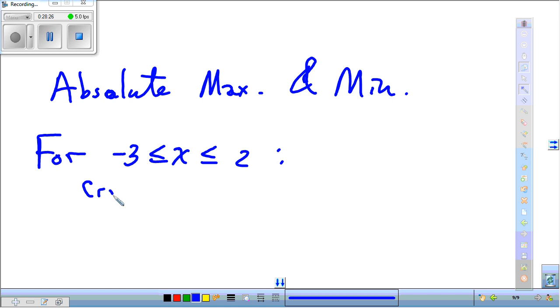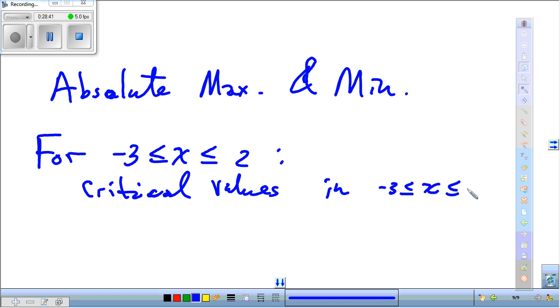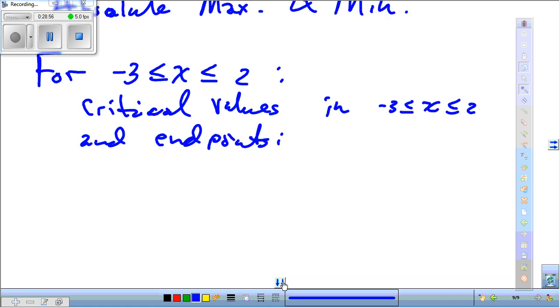So we're going to look at critical points or critical values that would belong to that particular interval, and also the endpoints. Now we worked through information, but the original problem was just to find the absolute.